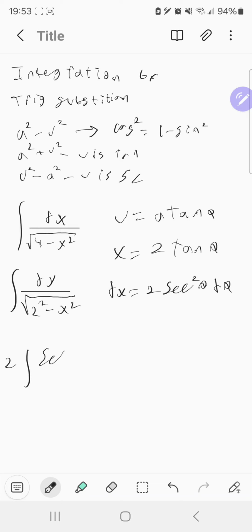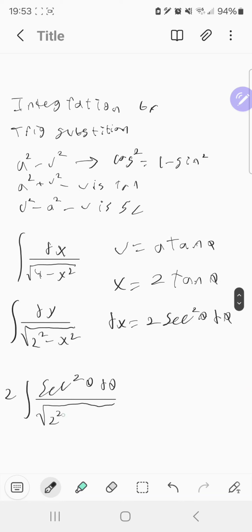We put secant squared theta d theta over the square root of 2 squared minus x squared, which is 2 tangent theta, so 4 tangent theta squared.